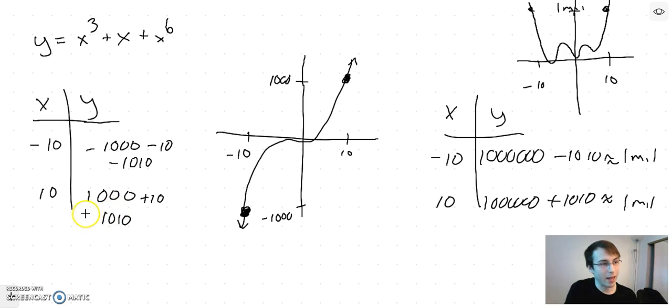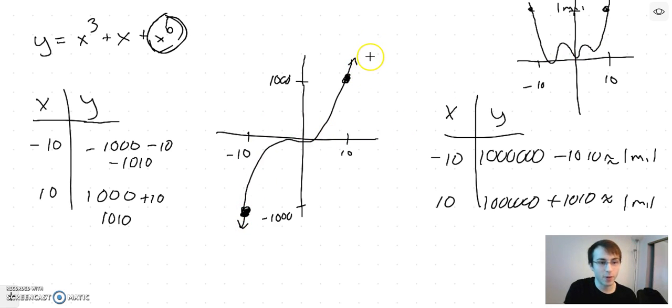But right when we added a bigger term, the x to the sixth, then bam, this term is the one that dominated everything. And then the end behavior looks like the end behavior of x to the sixth, goes up on both ends rather than one down, one up.